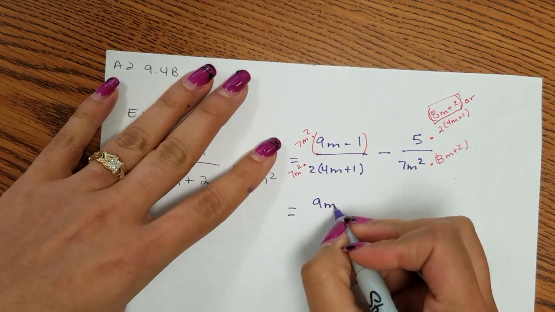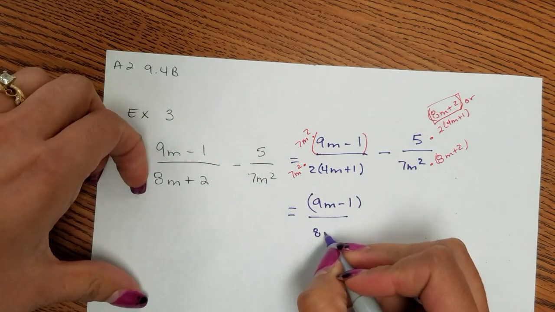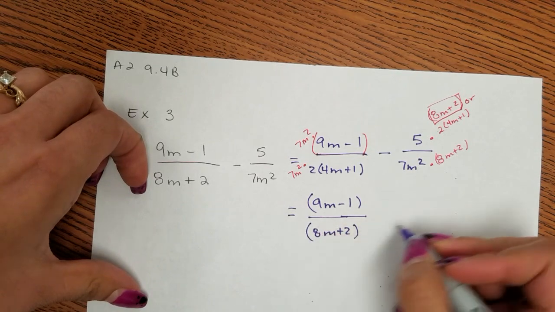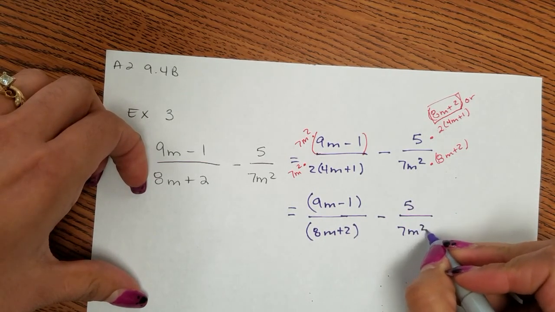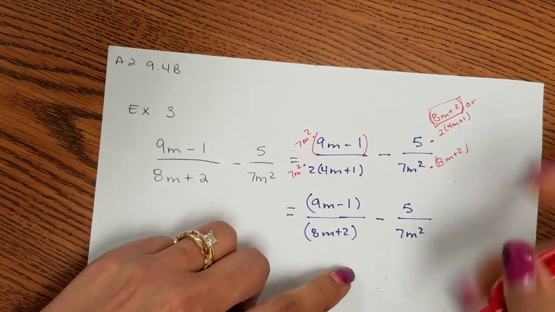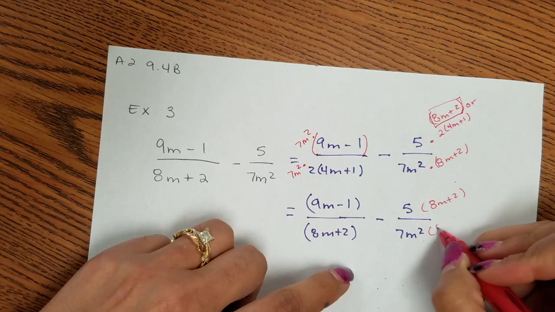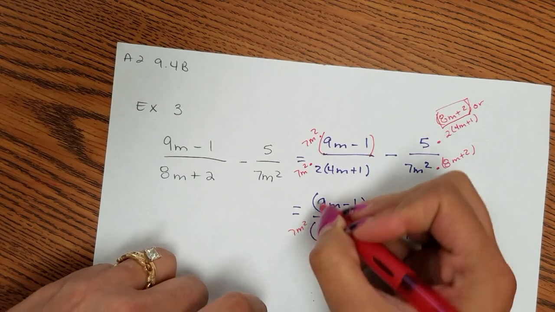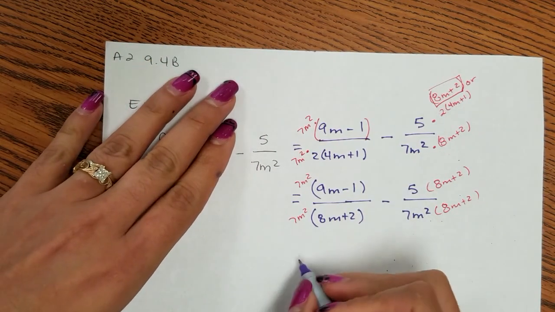I have 9m minus 1 over 8m plus 2. I'm just rewriting it, guys, so that you don't get confused. So this one I'm multiplying by 8m plus 2. And this one I'm multiplying by 7m squared. Okay, so I'm just going to go ahead and do that.